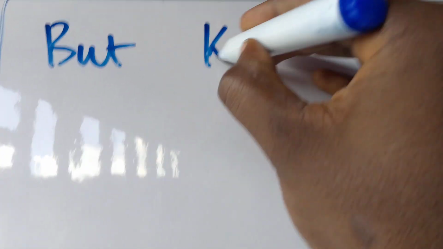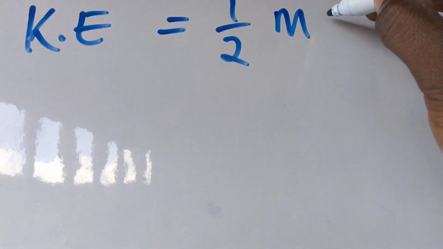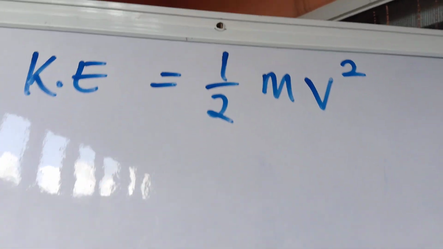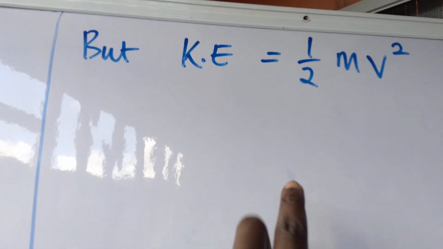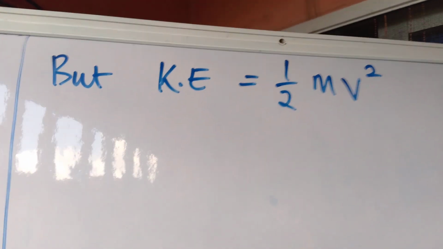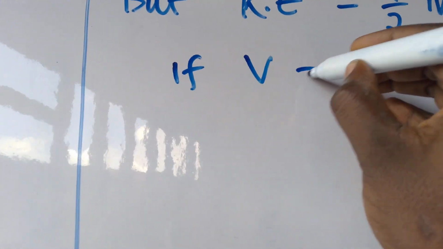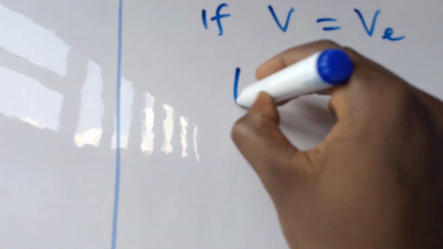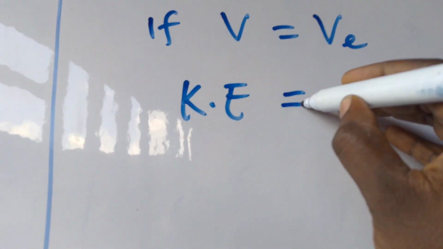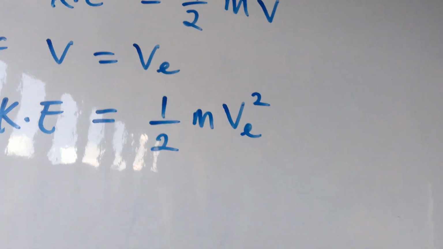Also recall that kinetic energy is equal to half mv square. Okay, and since we are looking at escape velocity which is VE, permit me to change this to VE. If v is equal to VE, it means that my kinetic energy will be equal to half m ve square. Call this equation 4.